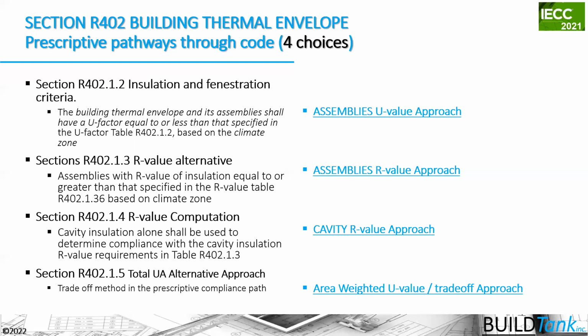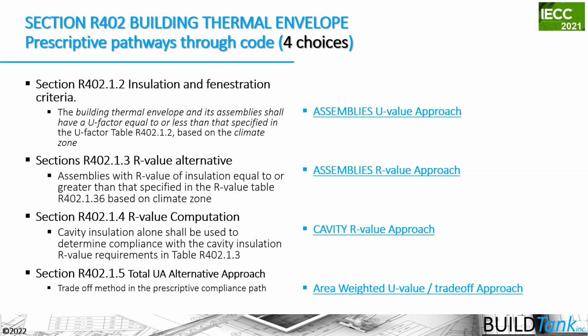Now, the reality is that the assembly U value and R value approach really are seldom used. It's really the value of this, especially the U value table, is that it's utilized in the software to be able to do calculations that help us determine if a trade-off works.